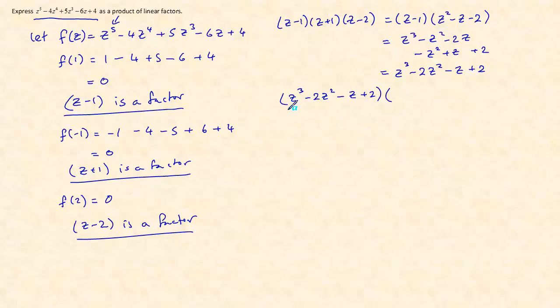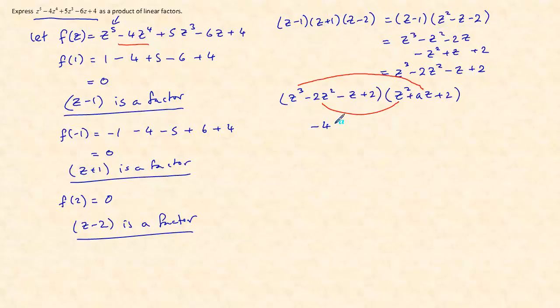So we've got z cubed minus 2z squared, take away z, add 2, and then we want a quadratic to give us this. Well, this is z cubed, z to the 5, so we need a z squared. This is a plus 2, we need plus 4, so we need a plus 2 in this end. And then we've got an az here. So let's look at the z to the 4 term and how we get that. So we'd get one of those from here, and we'd get one of those from here, and those are the only ones that give me a z to the 4.